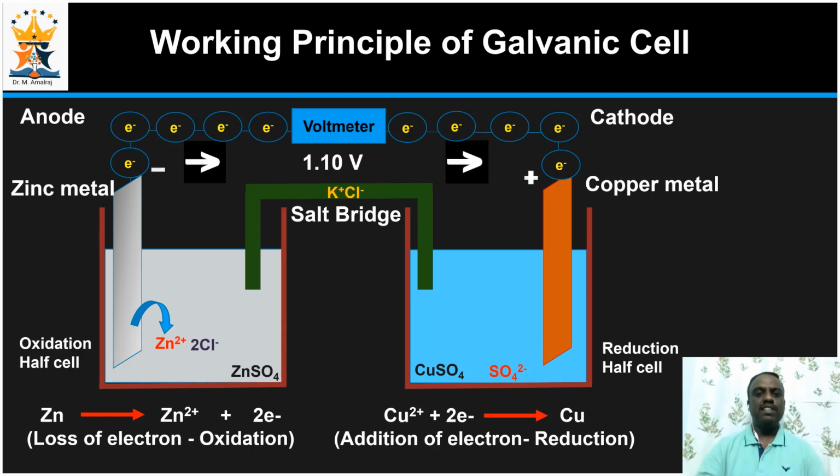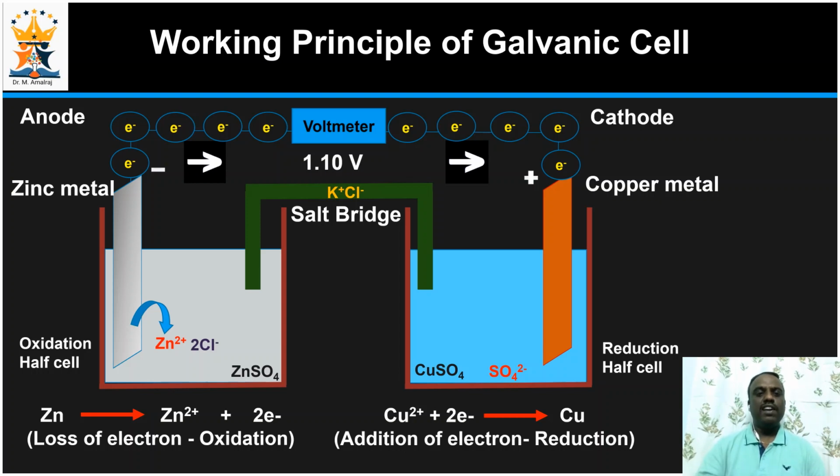The purpose of keeping the salt bridge is not only to complete the circuit, but also to counterbalance the charges produced at the oxidation as well as the reduction half cell due to the cell reaction. Due to the oxidation, positive charge is produced at the oxidation half cell and negative charge is produced at the reduction half cell.